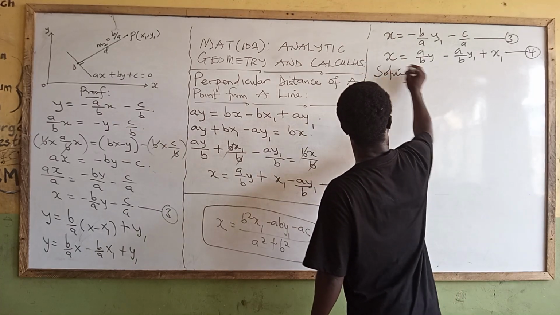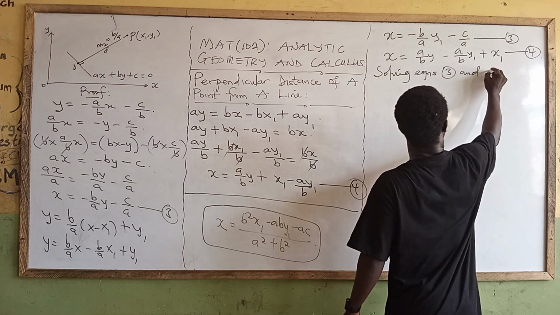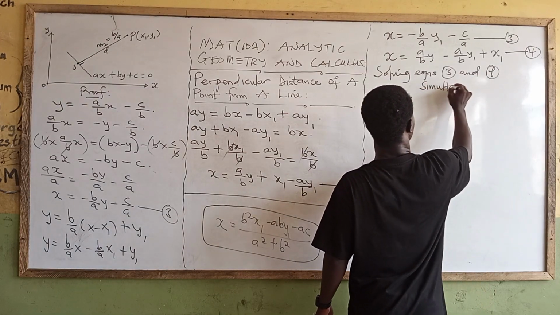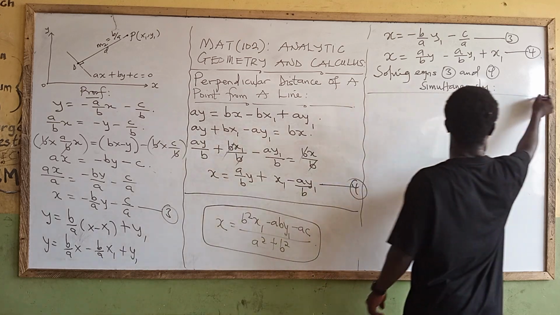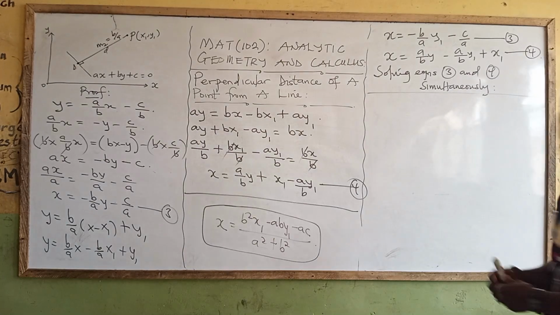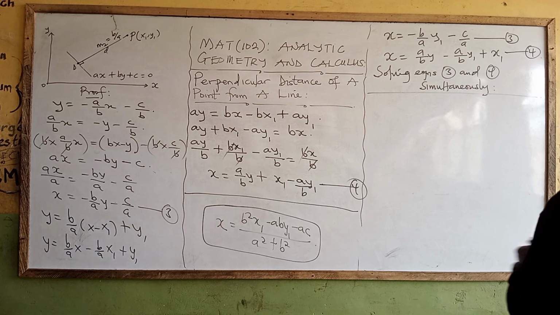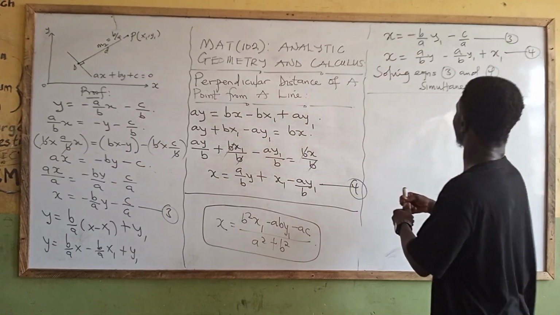So solving equation 3 and 4 simultaneously. So we have this. So we are solving it simultaneously. So now let's see. If you are solving that simultaneously, then we need to equate them.